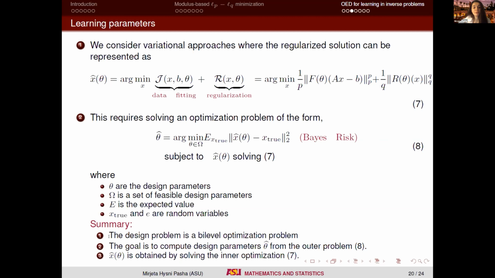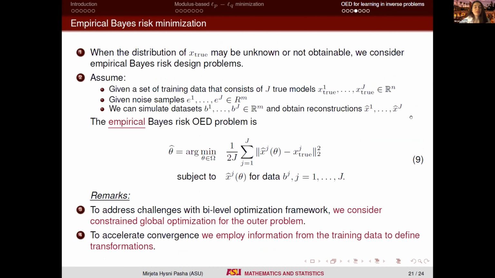To summarize the whole idea, the design problem can be thought of as a bi-level optimization scheme. The goal is to compute those parameters from the outer problem, where this X is obtained by solving problem 7 here.